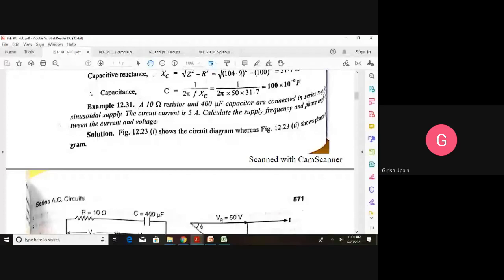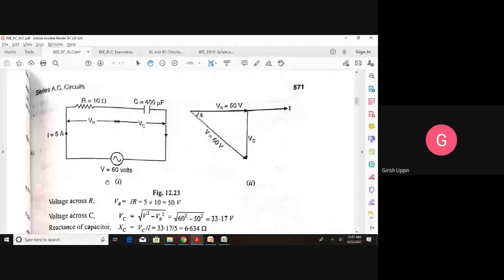Capital V is given, that is V is equal to 60 volts. Now we can find the VR. This voltage gets dropped across the resistance and the capacitance, and VR is I into R, that is 5 into 10, that is 50 volts.